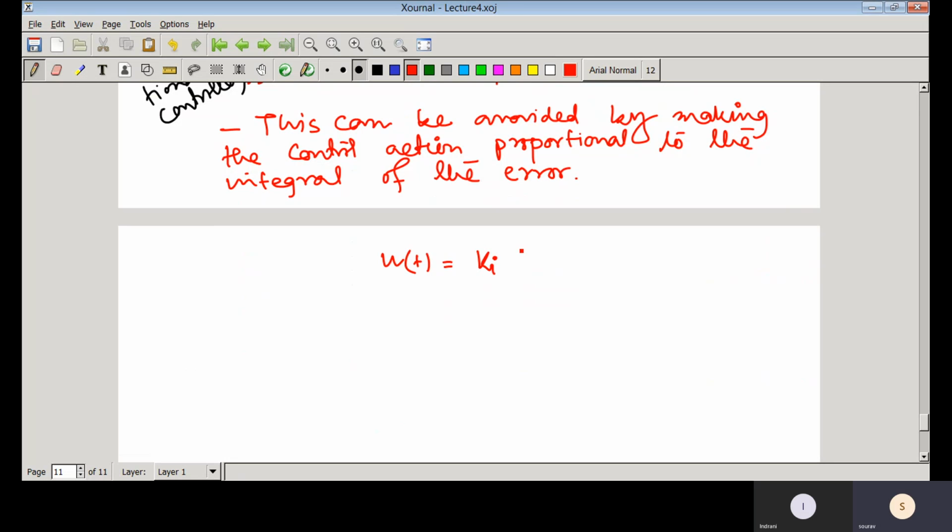So this is Ki integral from 0 to t of e(tau) d tau. Here this is the error signal, and this Ki is called the integral control gain.